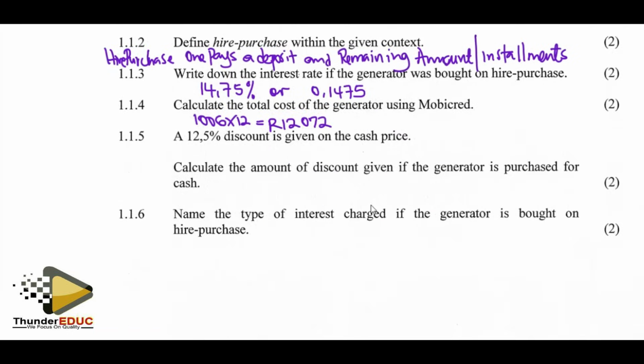So we shall come back down here and say 12.5 over 100 times 10,999. Check it out and you see the answer there, which is 1,374 rands 88 cents. That's the money one will get.